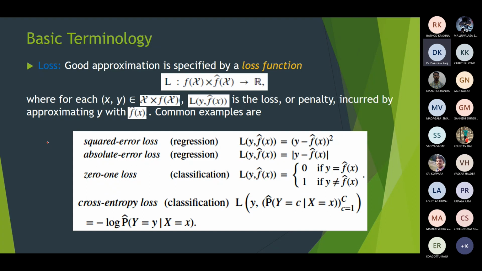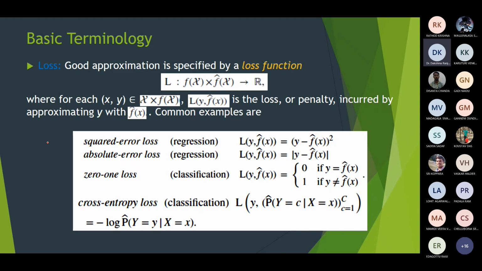If y is the original function and f cap of x is the approximated function, we take the deviation between these two functions and obtain its square.